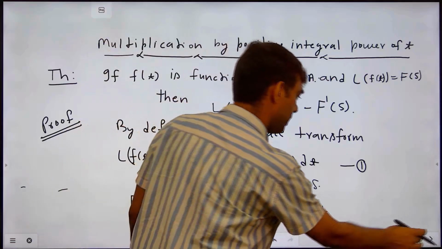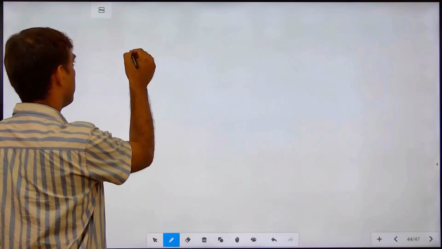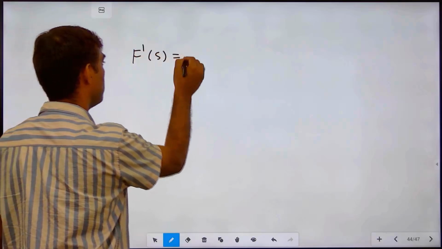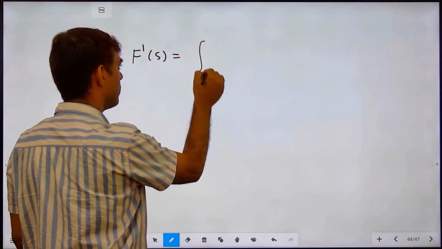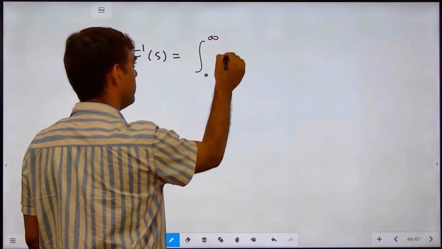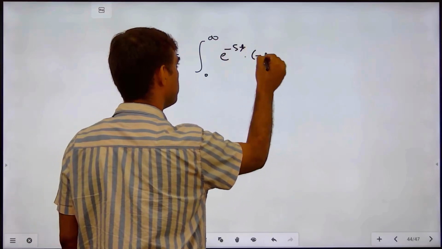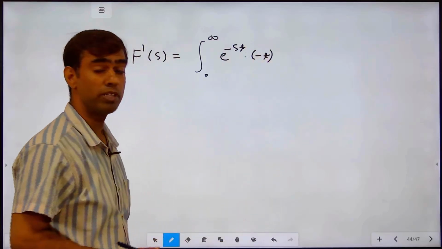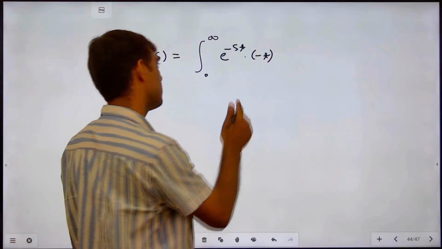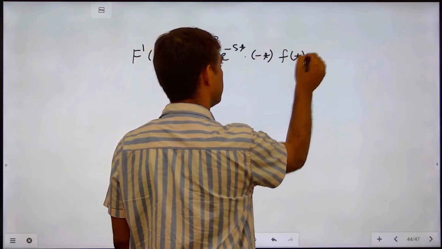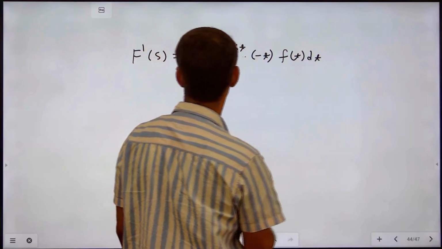So, in the next step we write the differentiation: F dash s equals the integral from 0 to infinity of e to the power minus st into minus t, because the differentiation of e to the power minus st with respect to s is e to the power minus st into minus t, and f(t) dt is treated as a constant.